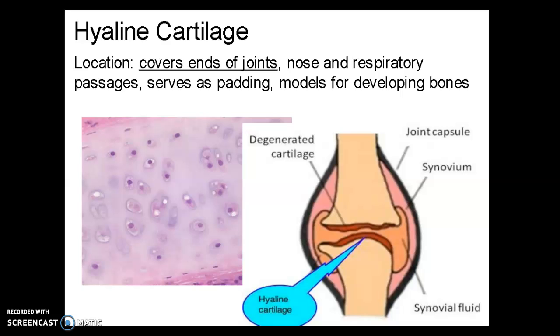Its function serves as padding for these bones as they move in the joints to keep them moving smoothly, and they also serve to create a model for developing bones. When we are developing, our bones are made of cartilage, and before that skeleton can harden into bone, it needs a model, something to grow from, and it grows from that hyaline cartilage.